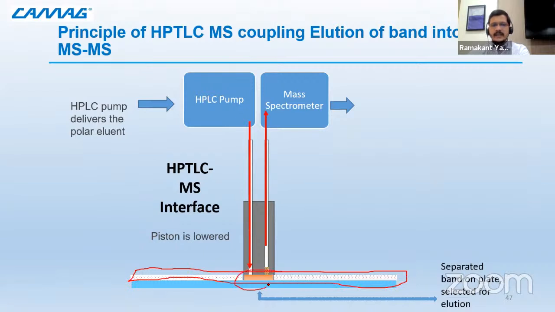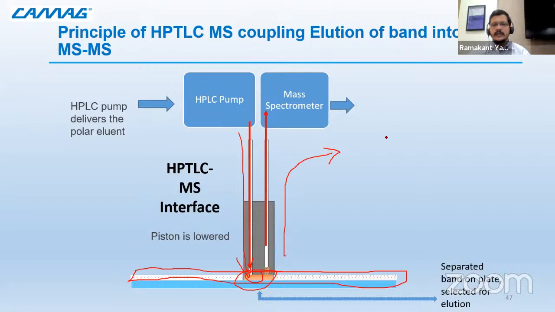Here, the desired band we want to elute through the interface, we need to focus on that band. The flow of a suitable eluent will fall onto the band, dissolve the band of interest, and suck the band into the MS automatically through the outlet tubing. That sucking action is possible through nitrogen gas connected to this interface.